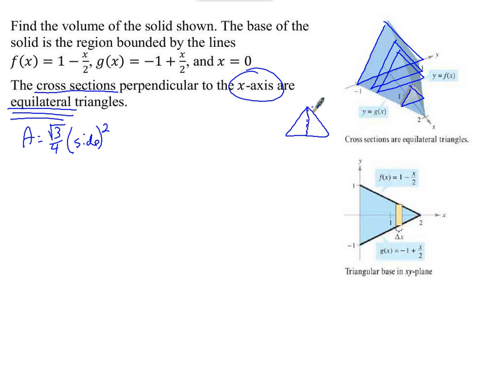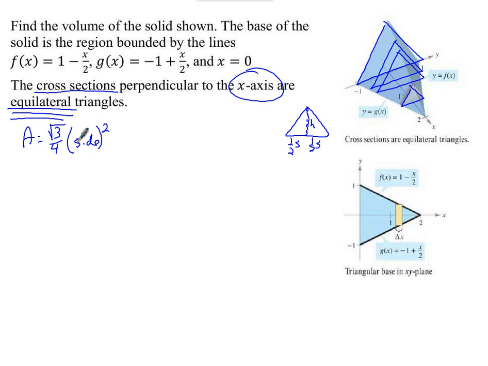Well, the height splits this length right here in half. So whatever that side is, it's been split in half: 1/2 the side, 1/2 the side. Now if I find the area of this triangle, if I call that the height, I can find the area of this triangle and then double it. If you work all that out, you wind up with this equation sitting right here. The square root of 3/4 times a side squared gives you the area.